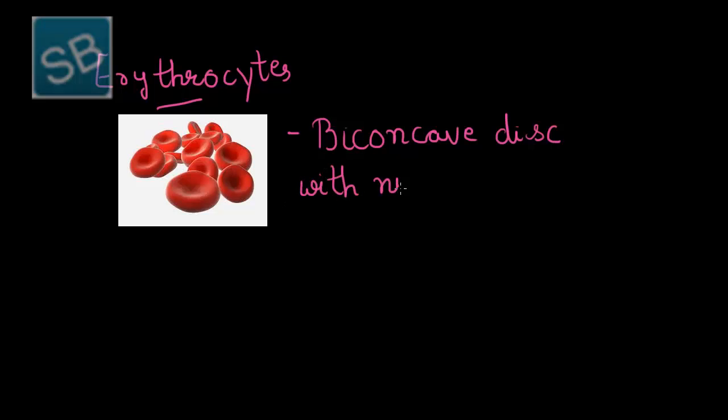As can be seen from the figure, erythrocytes or RBC are in the form of biconcave discs with a nucleus present within, except for mammals where they are enucleated, or the nucleus is absent.